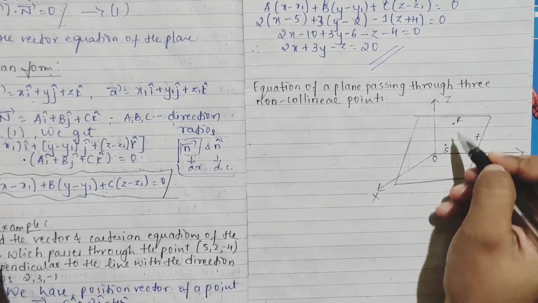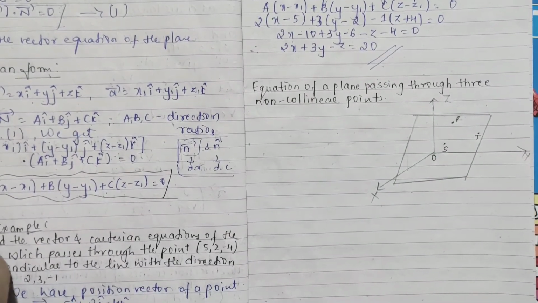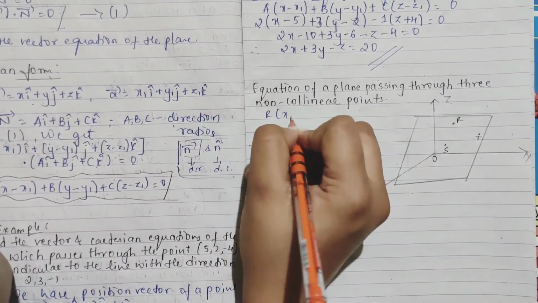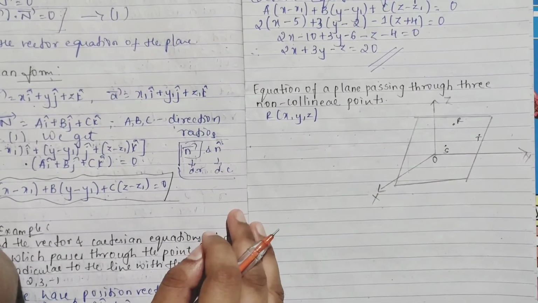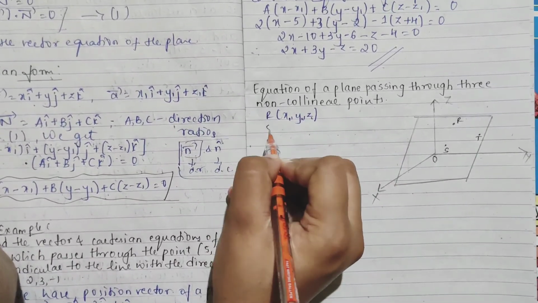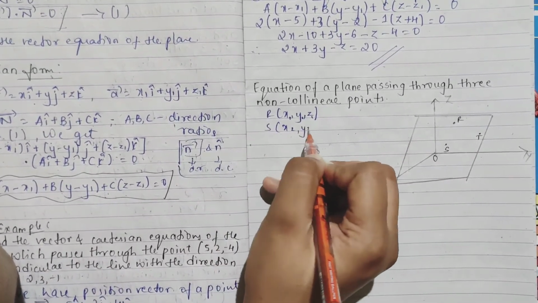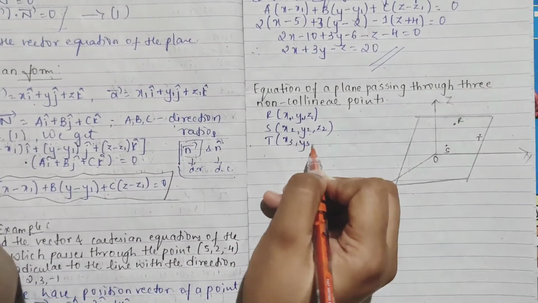R, S, T. So you can take the points as R (x1, y1, z1), then S I can take as (x2, y2, z2), and T I can take as (x3, y3, z3), right?